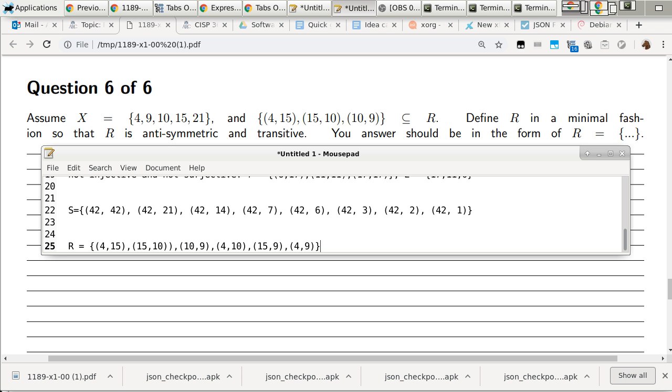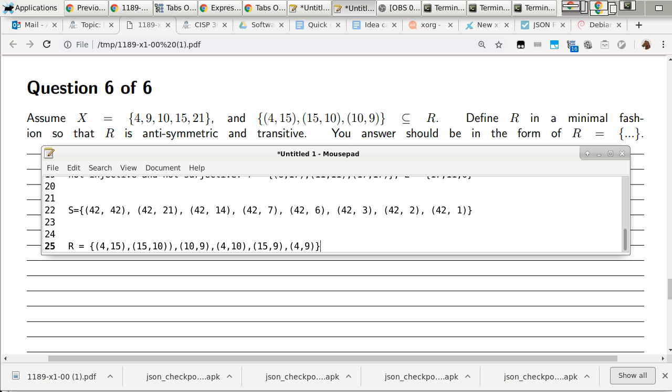Yep. Can you explain what you did? So you took the subset and the elements of the tuples, and then map them to. You have to rely on the definition of what is transitive.